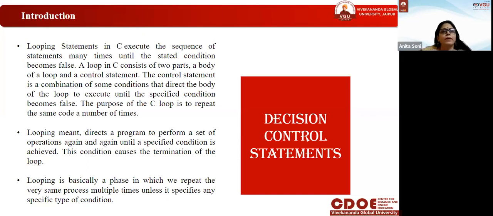How does a loop statement work? A looping statement in C executes a sequence of statements many times until the condition becomes false. In a loop, we have three statements: loop initialization, condition, and loop updation.